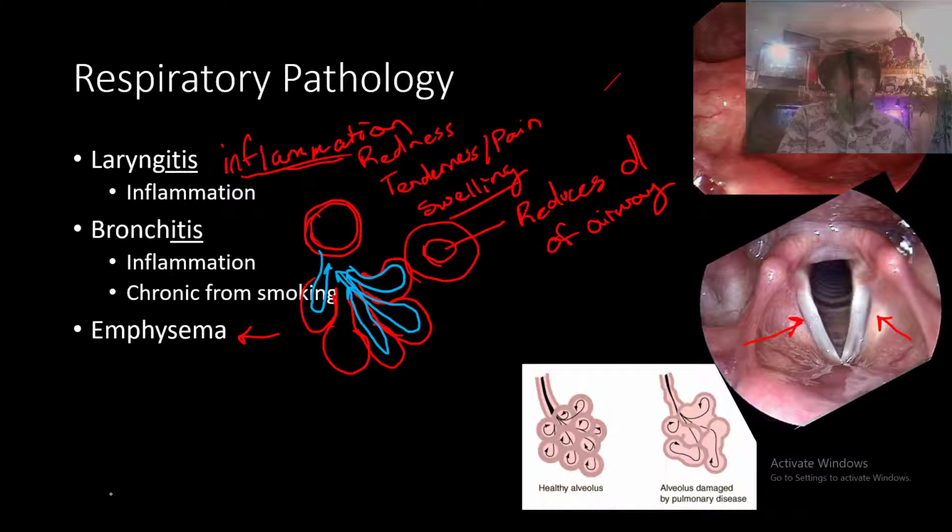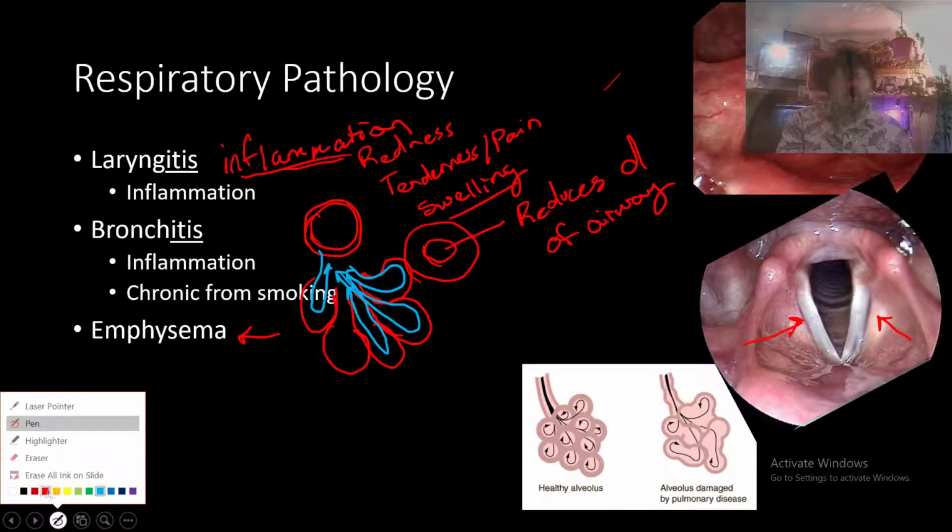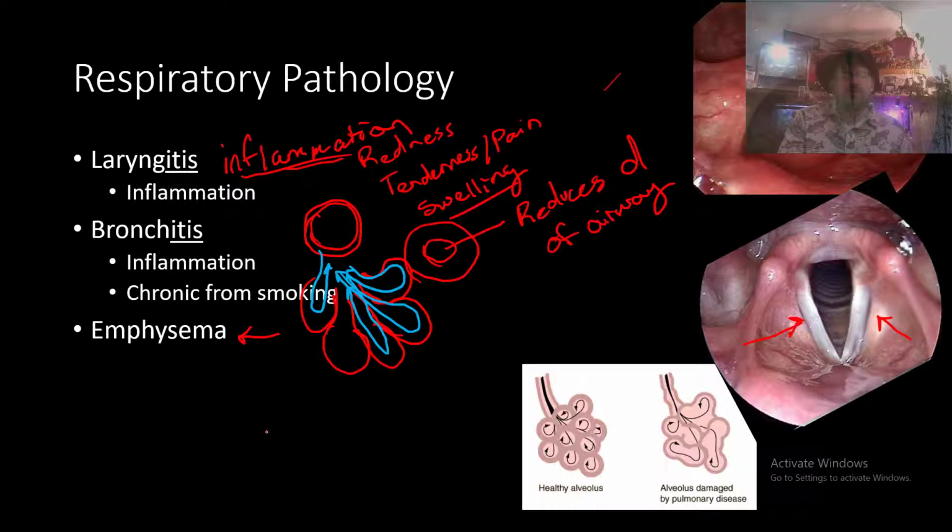But with emphysema, something goes terribly wrong. The buildup of particulates, especially tar, in the alveoli. So the alveoli fill with tar, and the tar causes irritation of those membranes. What can happen is those membranes end up breaking down.